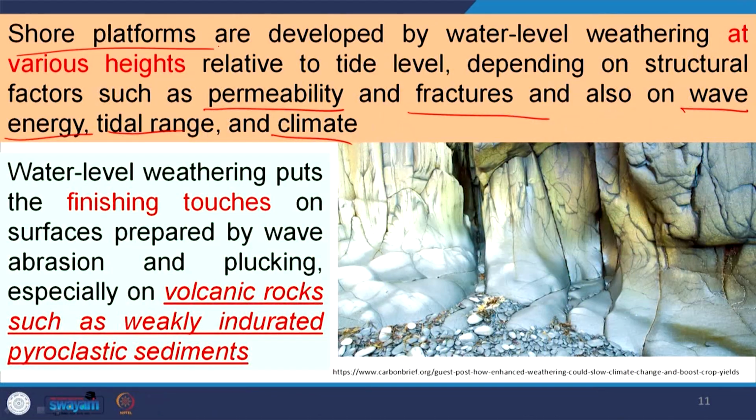Water level weathering puts the finishing touch on surfaces prepared by wave abrasion and plucking, especially in volcanic rocks such as weakly indurated pyroclastic sediments. This is very important to understand here. Water level weathering means the water remains at a particular level, either increasing slowly or decreasing slowly.